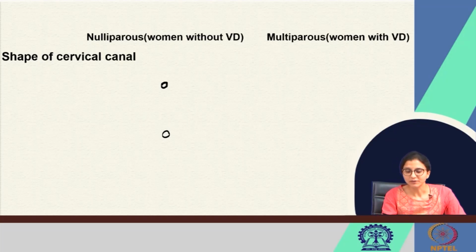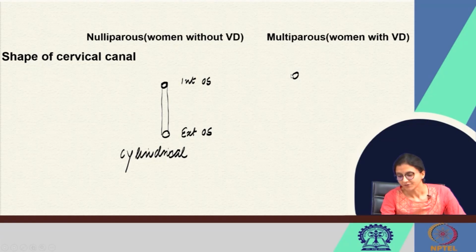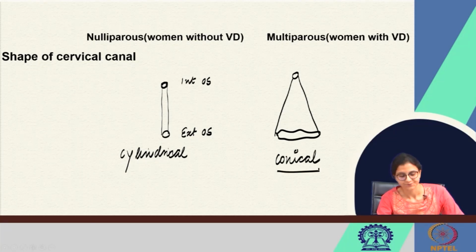So, in normal conditions the internal os is closed and the external os is pinhole in nulliparous women. So, the cervical canal is cylindrical, whereas in multiparous women the internal os remains above, but the external os is a transverse slit, thereby making the cervical canal conical in shape.